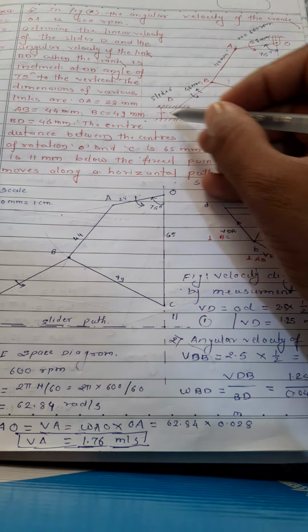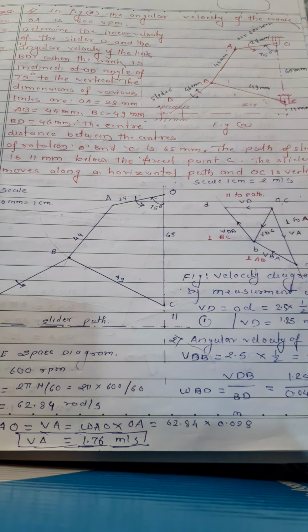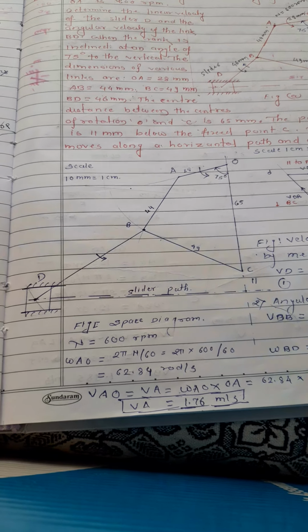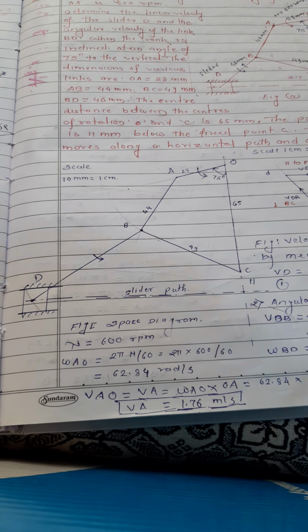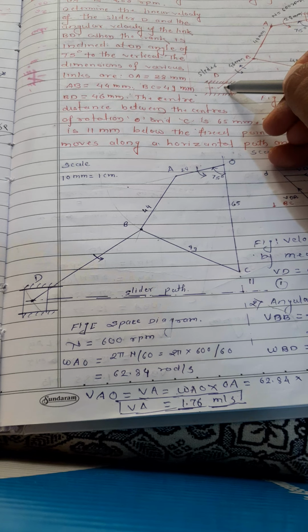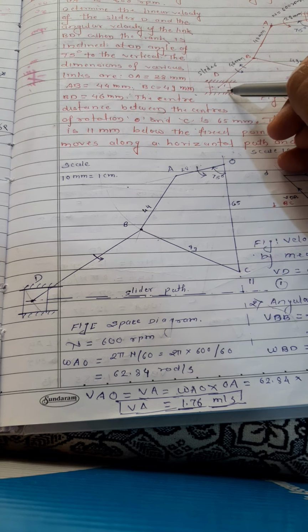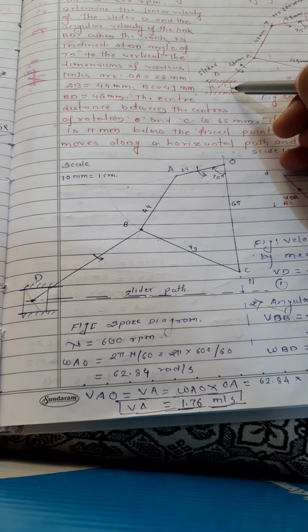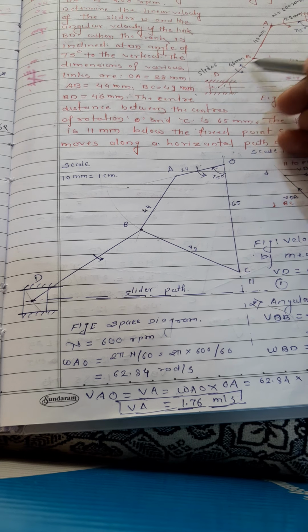So we have to find the linear velocity of slider D and the angular velocity of BD.